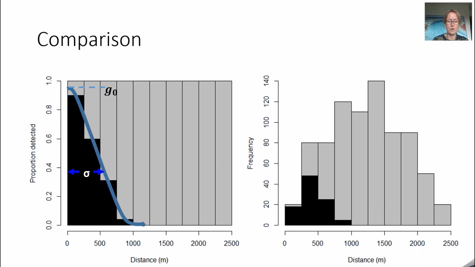Remember, we actually don't know how many calls each animal produced, and not all calls are detected by all detectors. So we don't really have the gray bars as shown here. Instead, some are detected by only one detector and others by 2 or 3 or more.